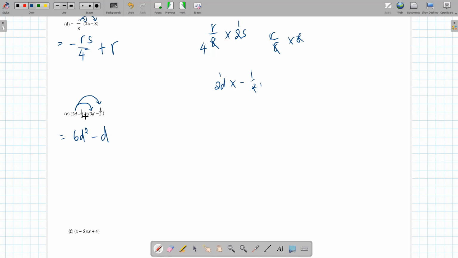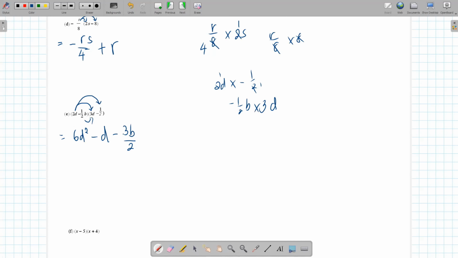Then these two terms have already multiplied with the first term, so we need to move to the next term here. The first one, negative 1 over 2b times 3d. Can we simplify anything? Cannot, because we do not have the same factors for us to simplify. So we will get negative 3bd over 2.